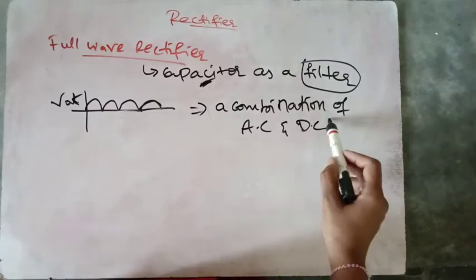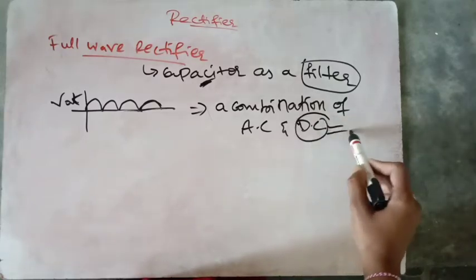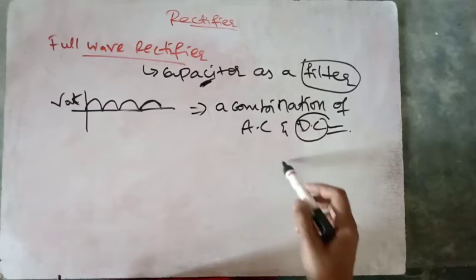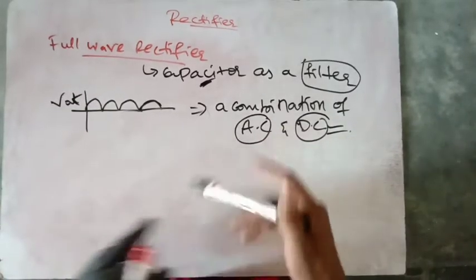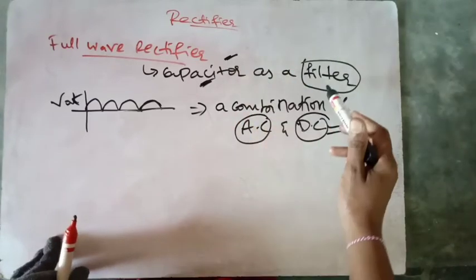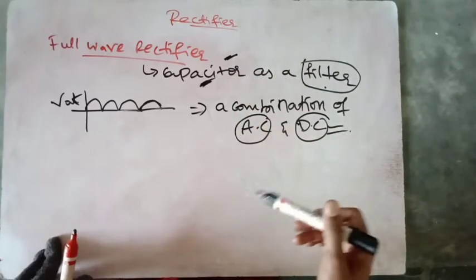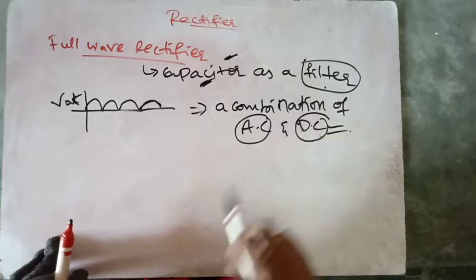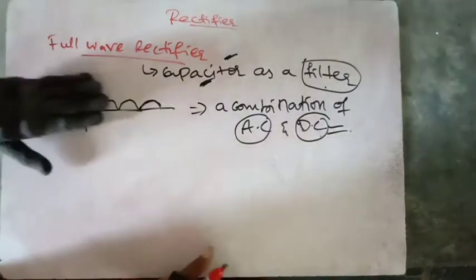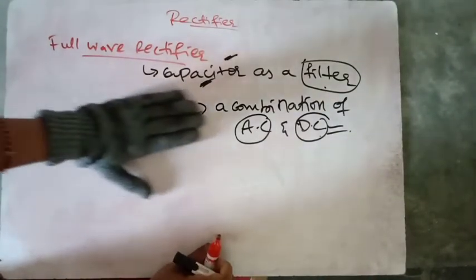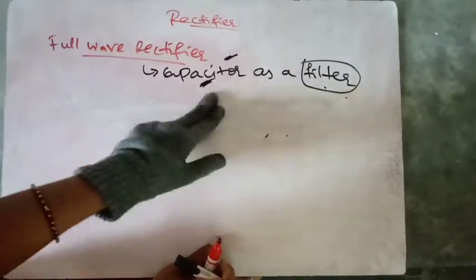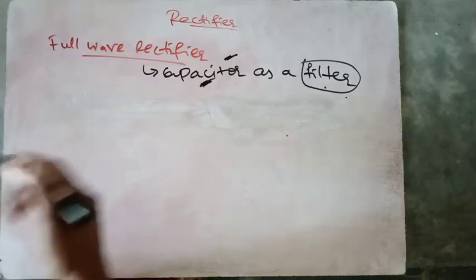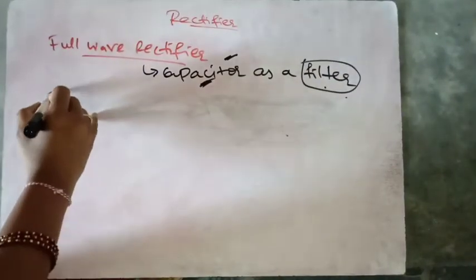But we need only DC output voltage. For this purpose, for eliminating this AC output, we are using the capacitor as a filter. We need only DC output voltage here. So to eliminate this AC output voltage, you just look at this circuit diagram.